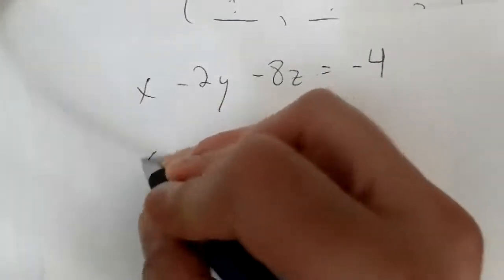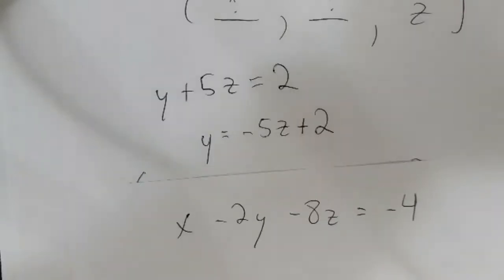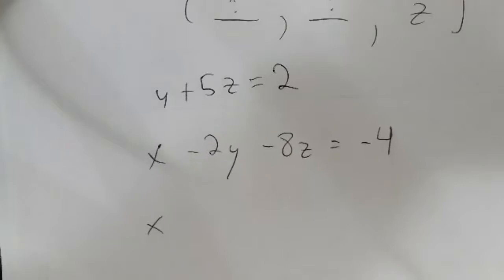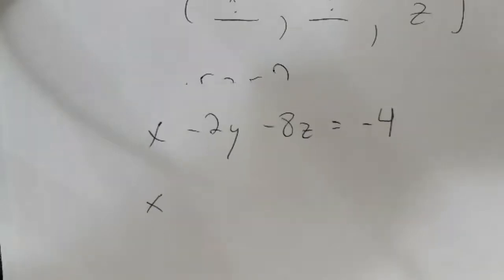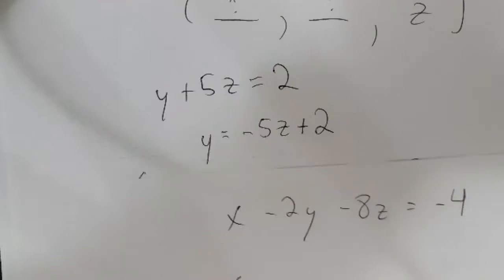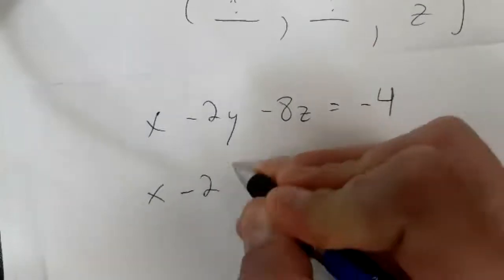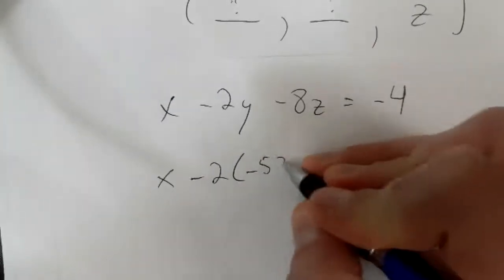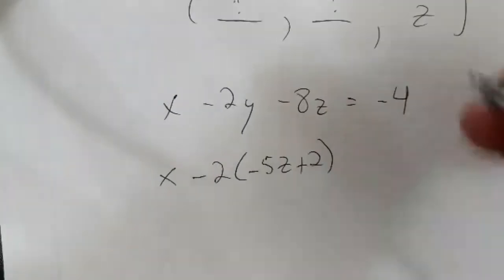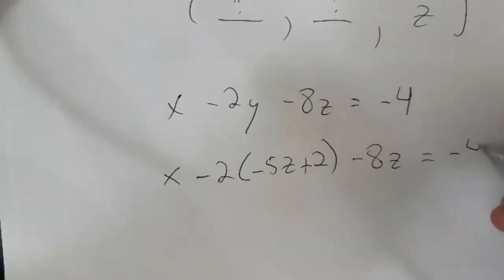We're doing maybe a little bit more work on this one, just because of how they gave us the matrix, but it's still doable. We don't want that y in there anymore. So if we look at y is minus 5z plus 2, this looks like x minus 2 times minus 5z plus 2 minus 8z, and this is equal to minus 4.